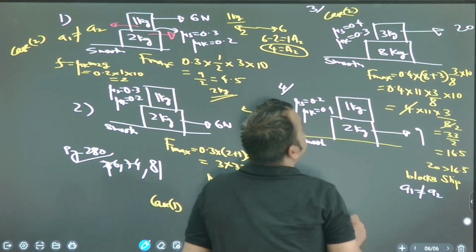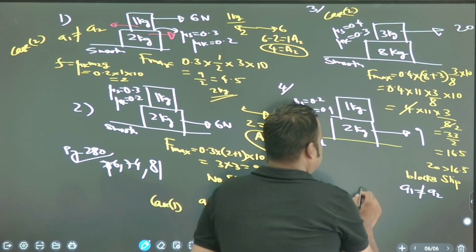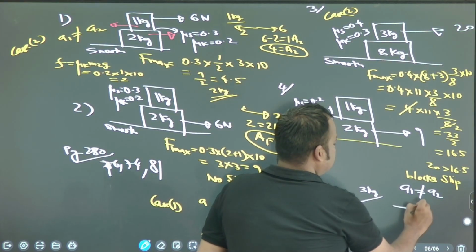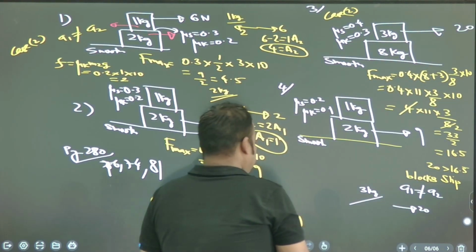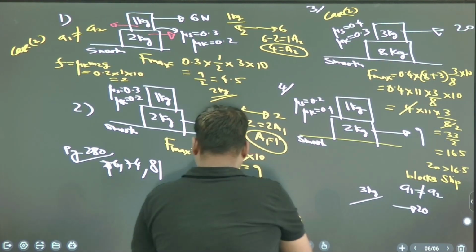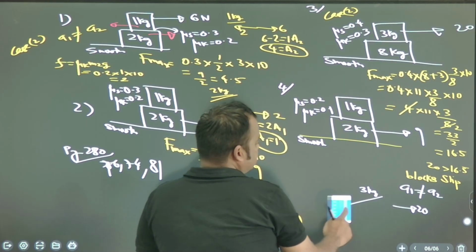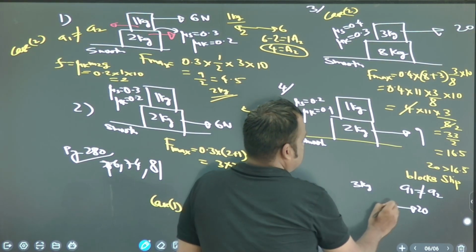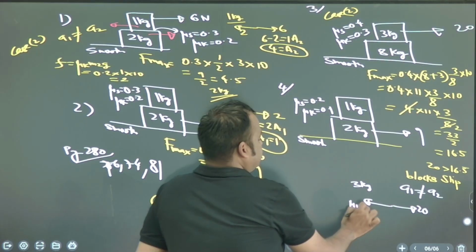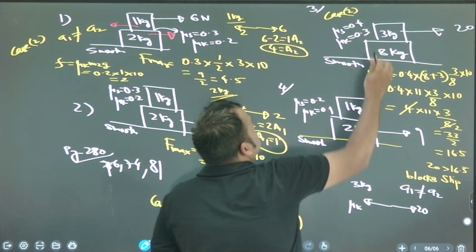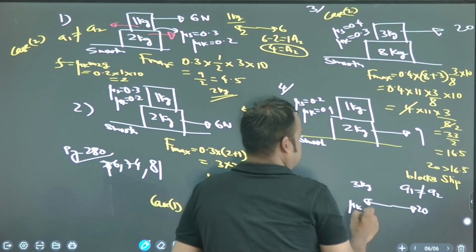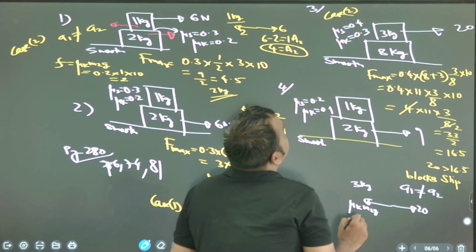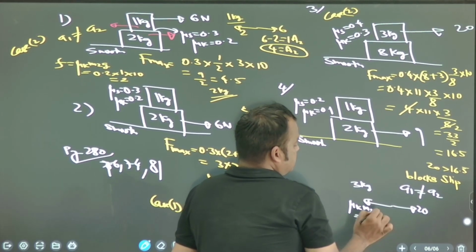Accelerations are different. So for 3 kg, right side is 20 and left side is kinetic friction. Left side is kinetic friction, mu k N, mu k m2g, mu k 0.3, m2g.